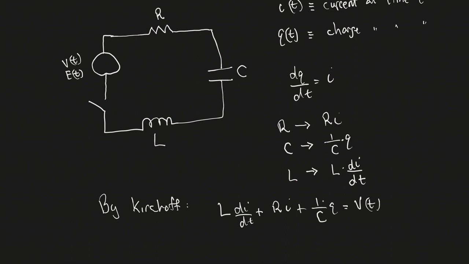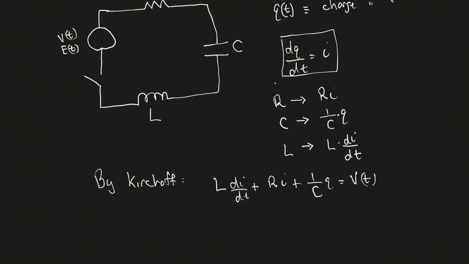But remember, we want our ordinary differential equations to be in terms of just one dependent variable and one independent variable. And the way I can achieve this is by using this relationship between current and charge. So basically, wherever there's an I, I can replace it with dq dt.